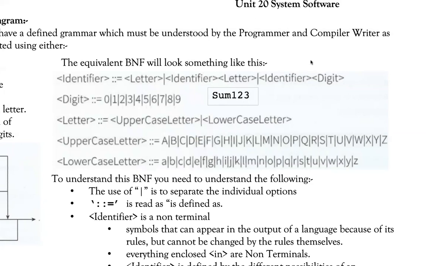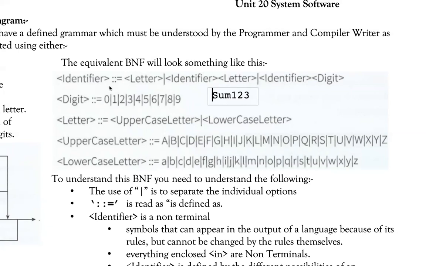According to this rule and according to the general perception of identifiers, it is a perfectly valid identifier. And how do we know this? Because this identifier will be satisfying these rules right here.